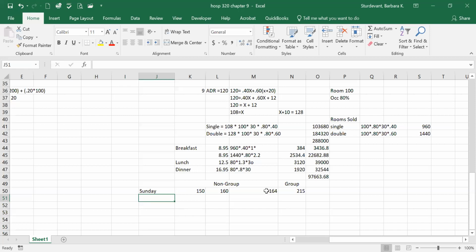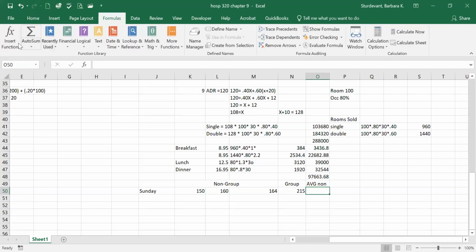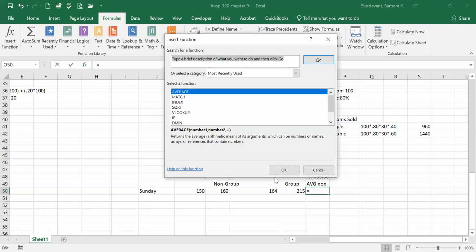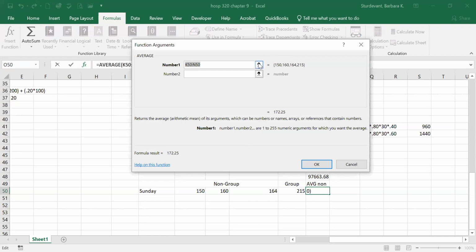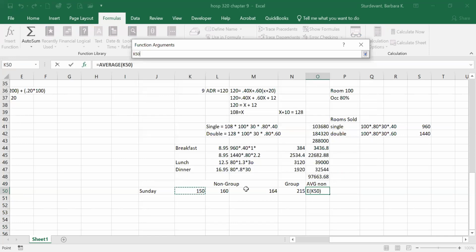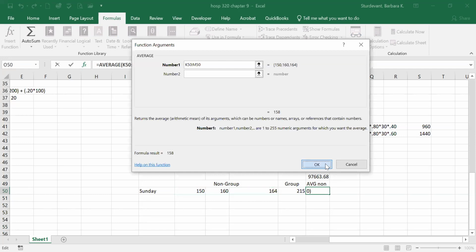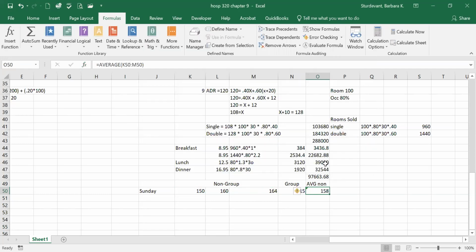You know you have the 215. So you're going to do the average of the non-groups. Okay, that is the average of the non-groups. Your second step is to take that number and increase it by 2%.